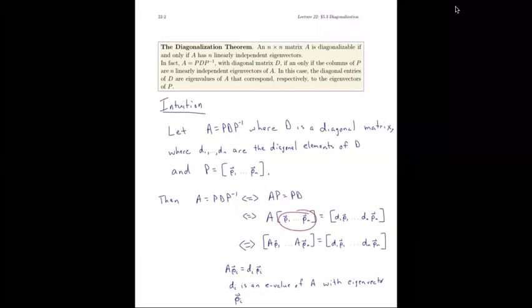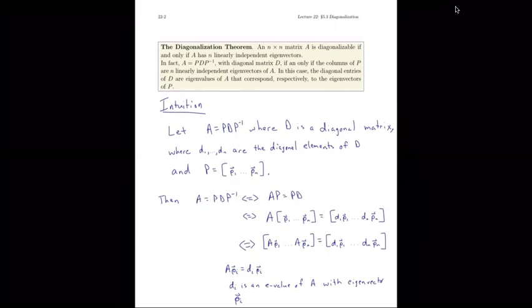And then we saw that these column vectors are eigenvectors of A. So then A has n linearly independent eigenvectors, and we have our equivalence between the two. So this tells us, and we can finally write a statement that looks like this. We could talk about P inverse, and we know that we can express A in this form, A equals P times D times P inverse.